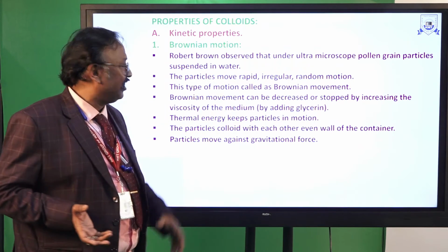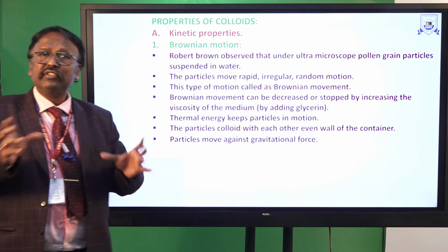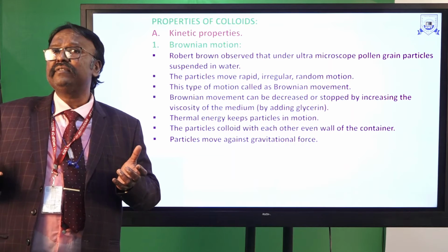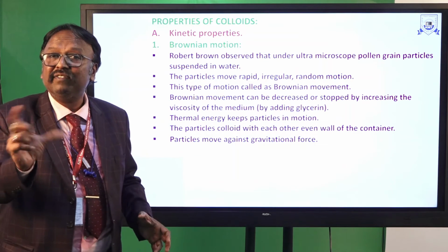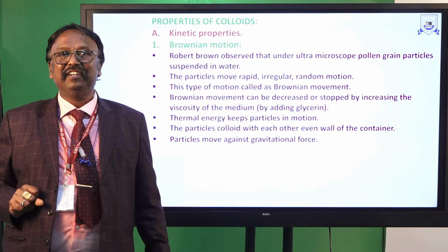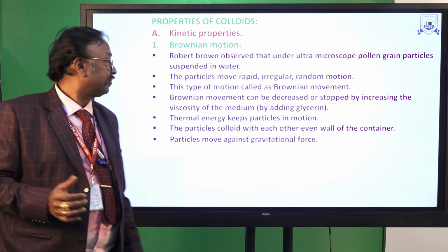By the addition of glycerin. By the addition of glycerin, the viscosity of the dispersion medium increases. If the viscosity is increased, the movement of the particles, the Brownian movement, is decreased.